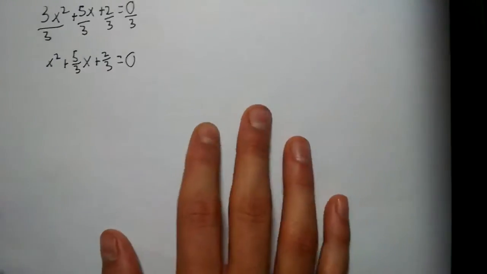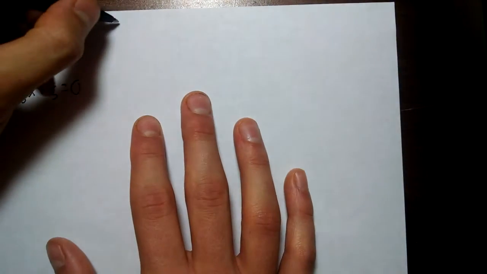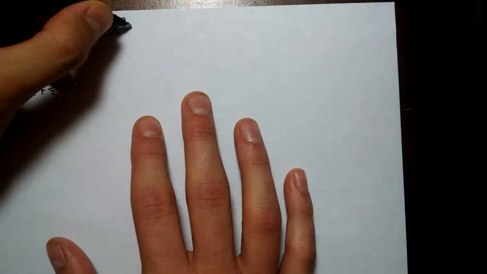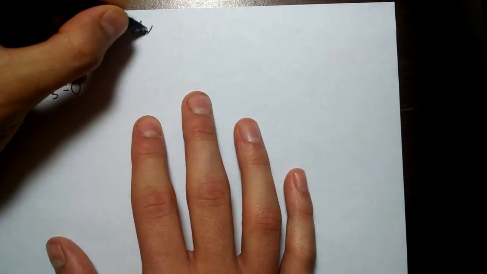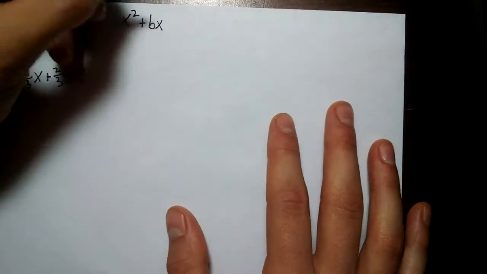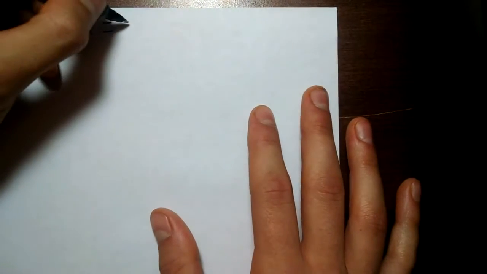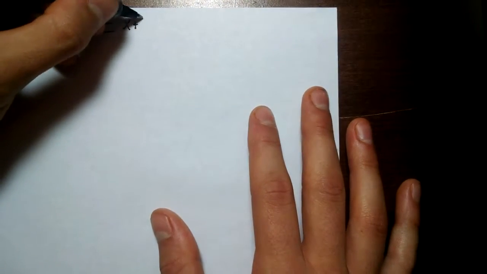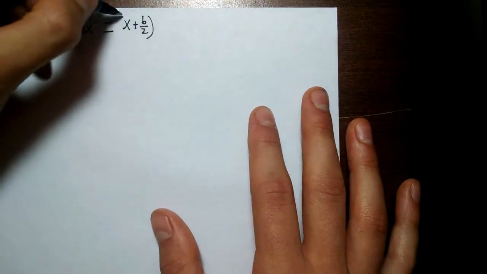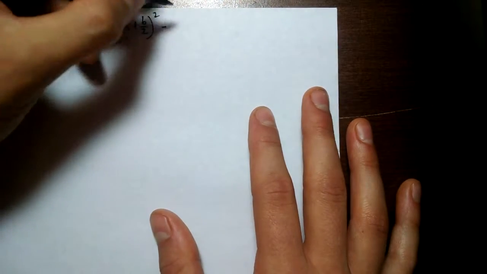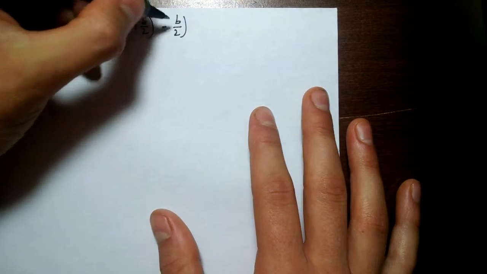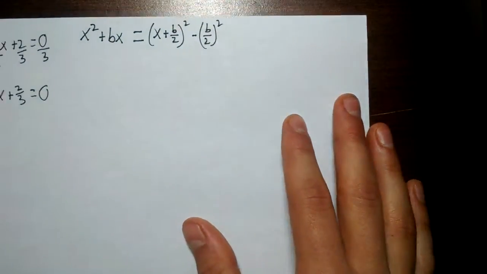Okay, so we're going to use something called completing the square, which says if you have something that looks like this, x squared plus bx, you can write that as x plus b over 2 squared minus b over 2 squared.